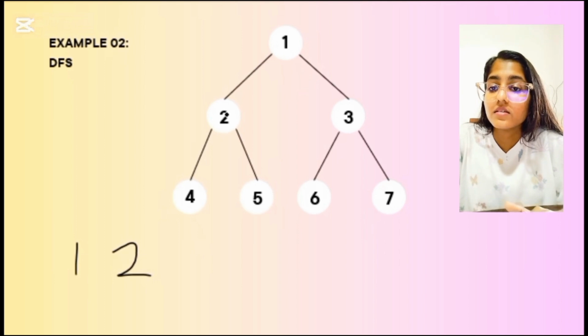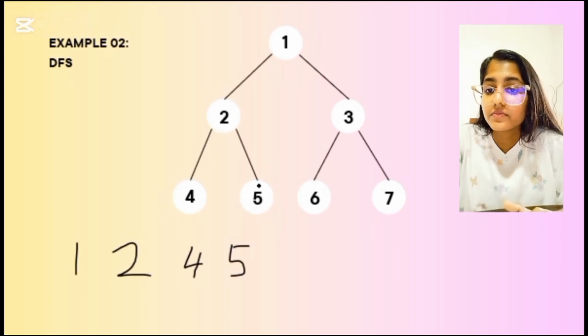You can see that there are 2 child nodes for this 2, so you must write 4 here. You can see that after 4 nothing remaining, so you must go back to 2 and write the other vertex here. So I'll write 5.